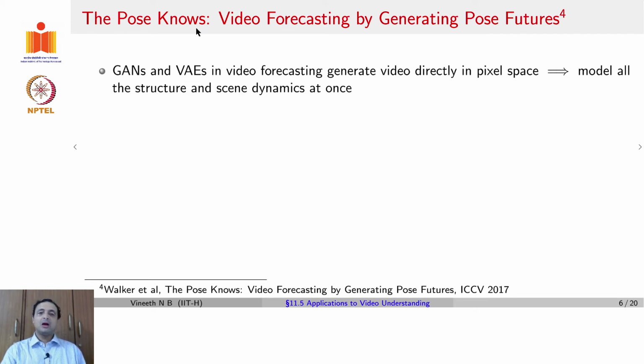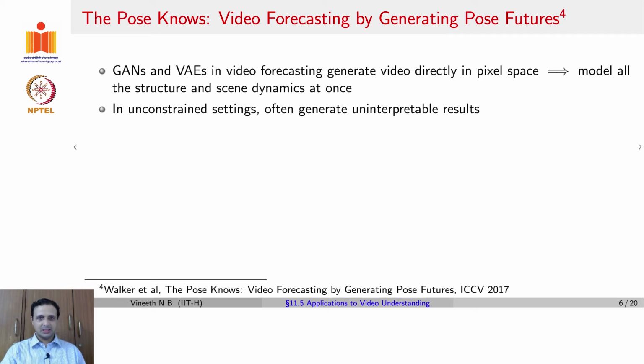This work argues that when GANs and VAEs are used directly for video generation, they generate video directly in the pixel space. Each pixel is generated in every frame, which means the structure and the scene dynamics are captured at the same time. And this could often lead to uninterpretable results.